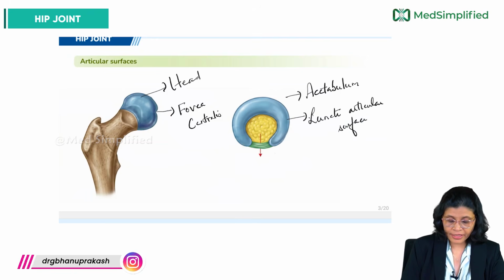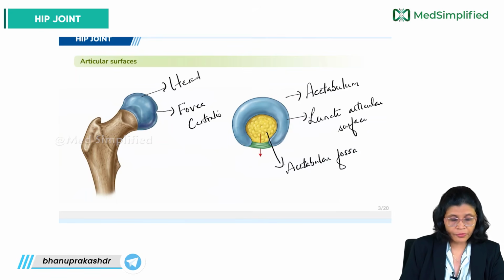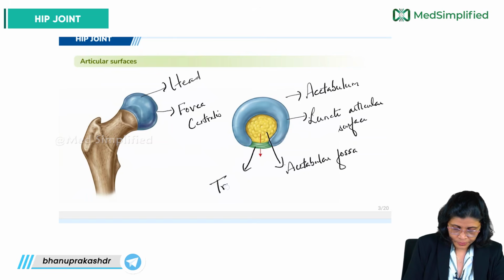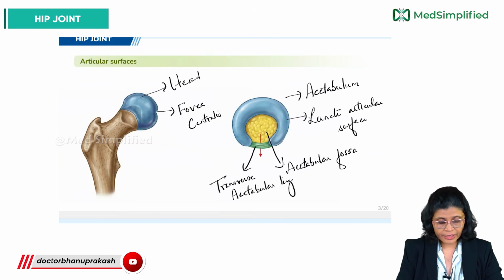Then there are the acetabular notch and the acetabular fossa, which contains a small amount of fat. And here we have the transverse acetabular ligament. These are the structures we see along the articular surface of the hip joint.